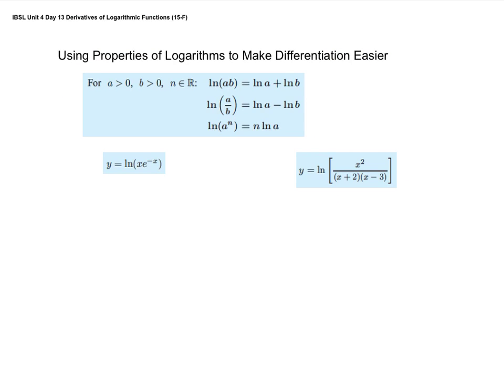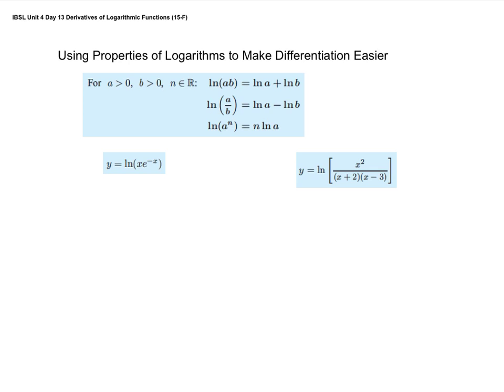Alright, let's try some other ones here. There are cases where we can use properties of logarithms to make finding the derivative easier. Remember, when we have ln of a product, you can expand that into the natural log of one factor plus the natural log of the other factor.